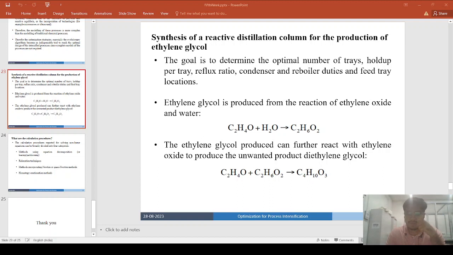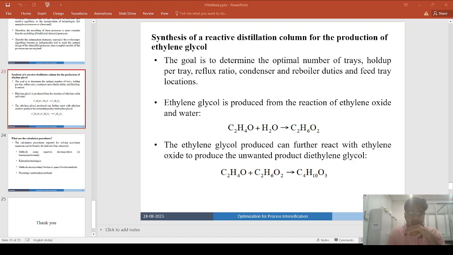In the paper itself, different formulas have been given for how different cost estimates are made based upon a certain index, and based upon the column diameter, height of the column, construction factor, and height of the tray.